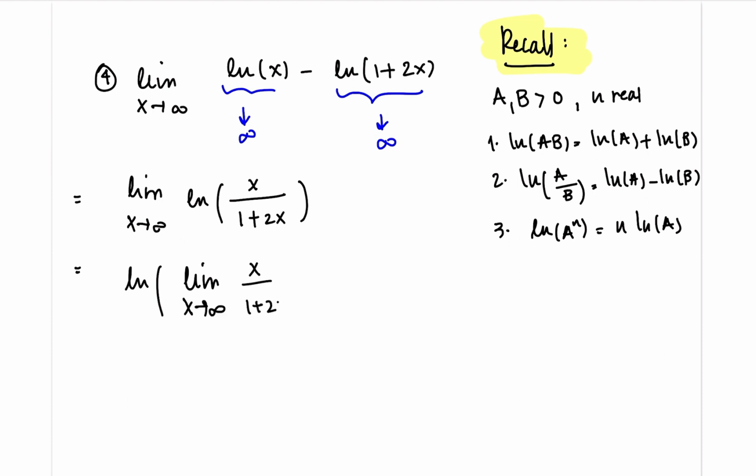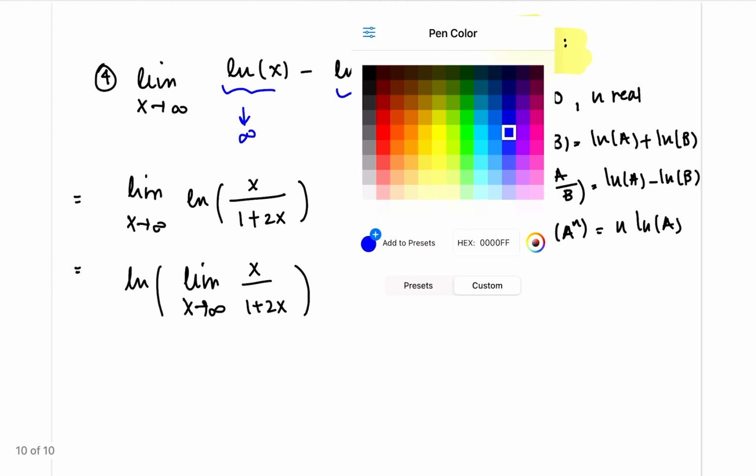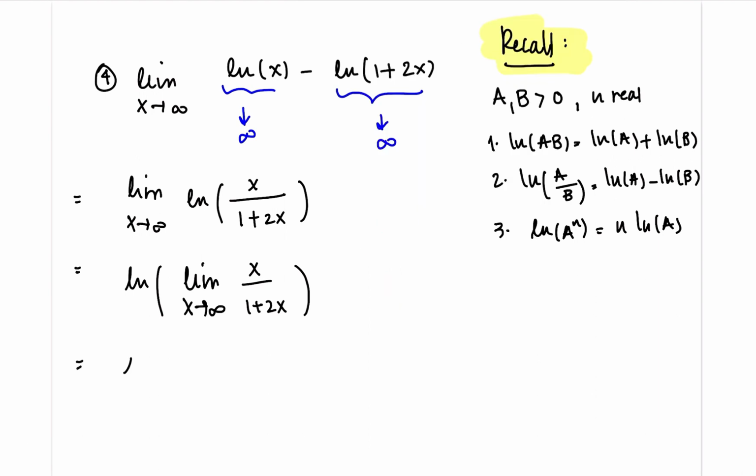So this is the same as the natural log of the limit as x goes to infinity of x over 1 plus 2x. And since I'm taking the limit as x goes to infinity, I can just take the limit of the quotient of the leading terms. So this is the natural log of, let me make sure that I write it in blue so that you see it's important. You have to write things in terms of the limit, otherwise it's not true, right? It is not true that x over 1 plus 2x is equal to x over 2x.